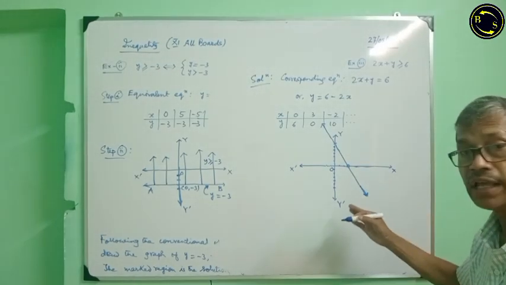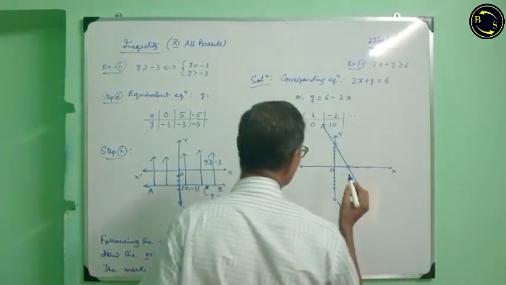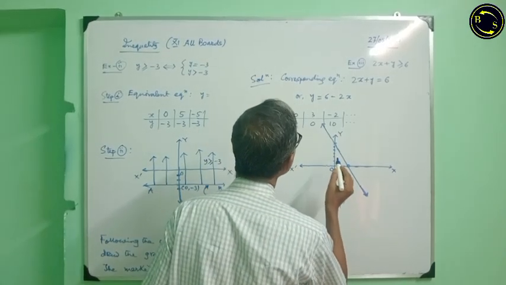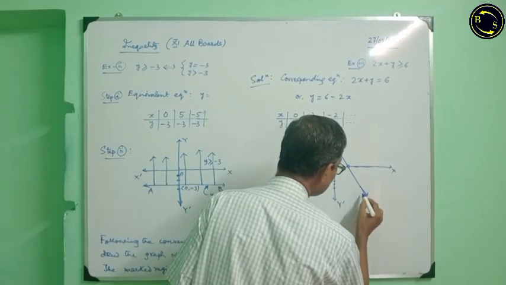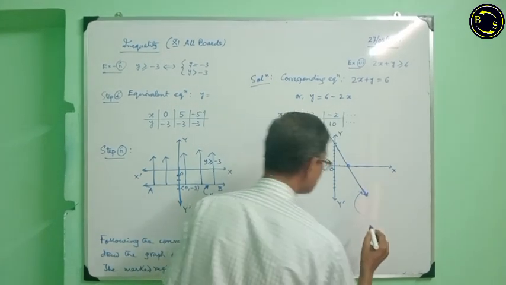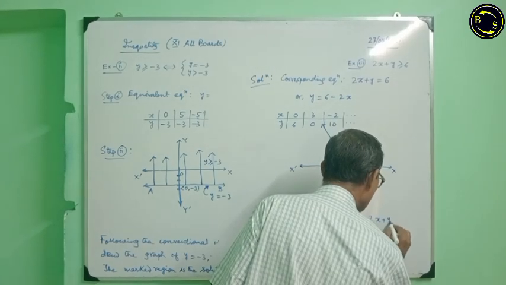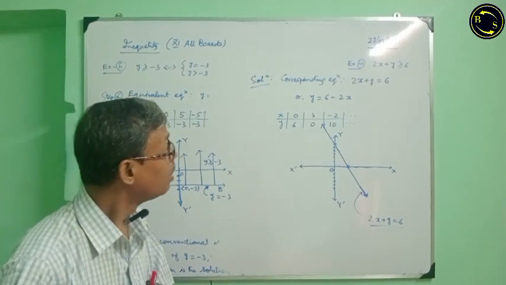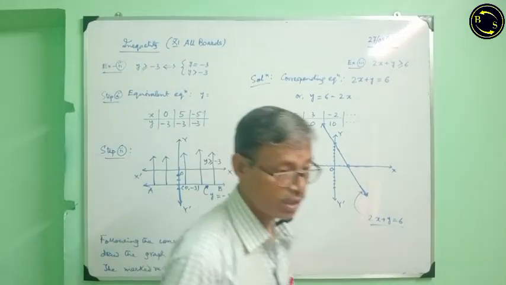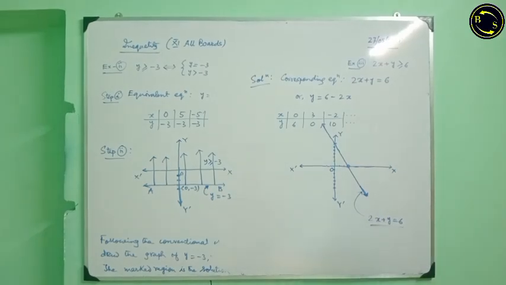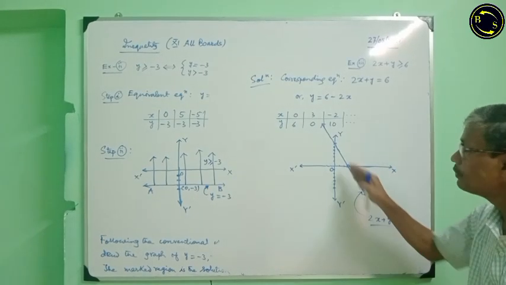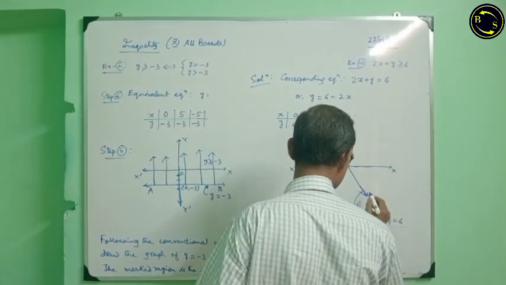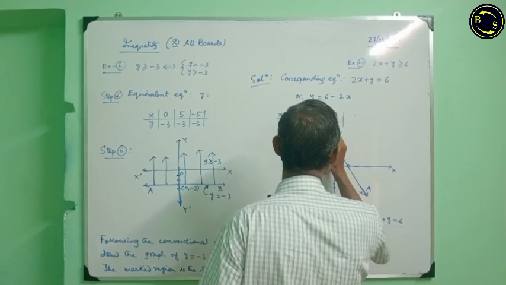I have drawn freehand, therefore it is not so accurate, but this may be treated. Now this straight line represents 2x plus y equal to 6. Now, since it is in equation, therefore already I have discussed, half produced by this straight line will represent the inequation.